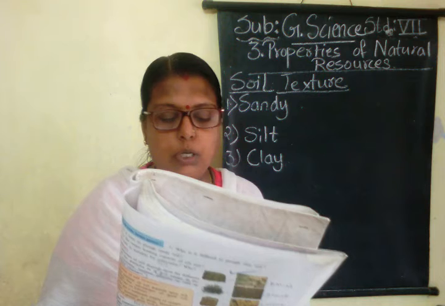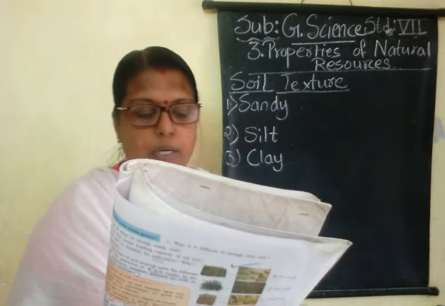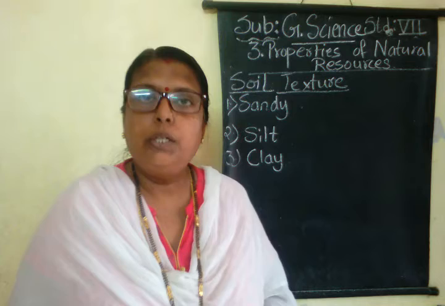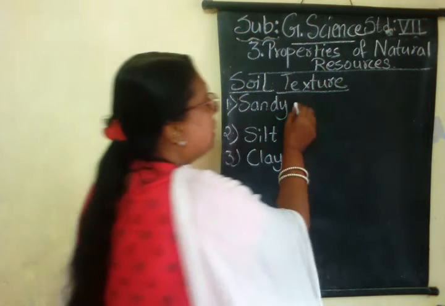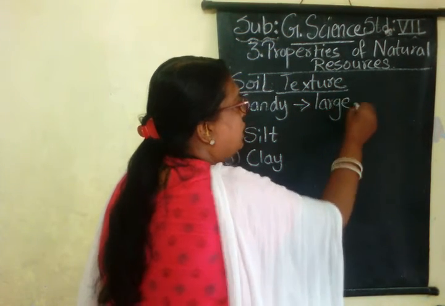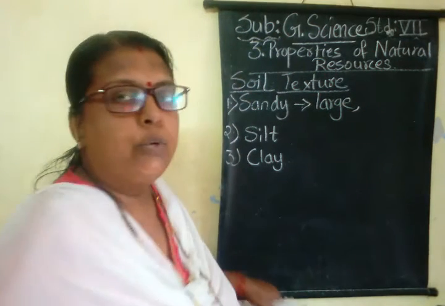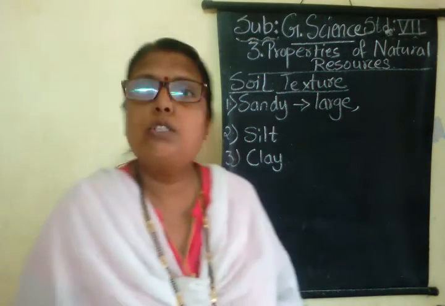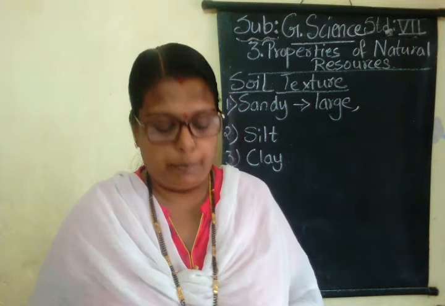These particles do not dissolve in water and therefore the soil has very little capacity to supply nutrients. So the size of these particles is large and it is easy to plow, but the nutrients are less in quantity. So it is not good for farming.